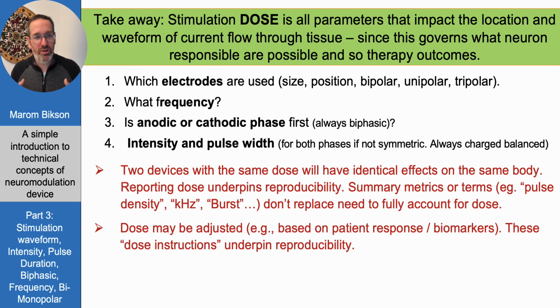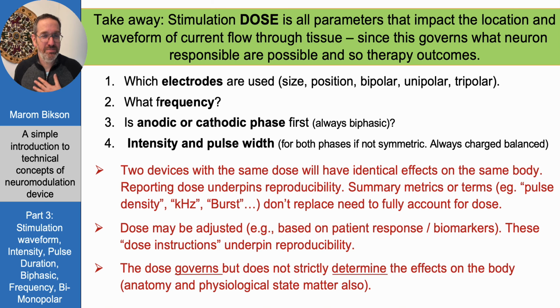The dose instructions are the label that comes with the device, the experience of the rep, the instructions that are given to the patient. All that, dose instructions, are the instructions of how to adjust dose. And they are very important to keep in mind, right? Because the dose instructions will govern what dose we end up with. And so they're actually as important for reproducibility as the device itself.